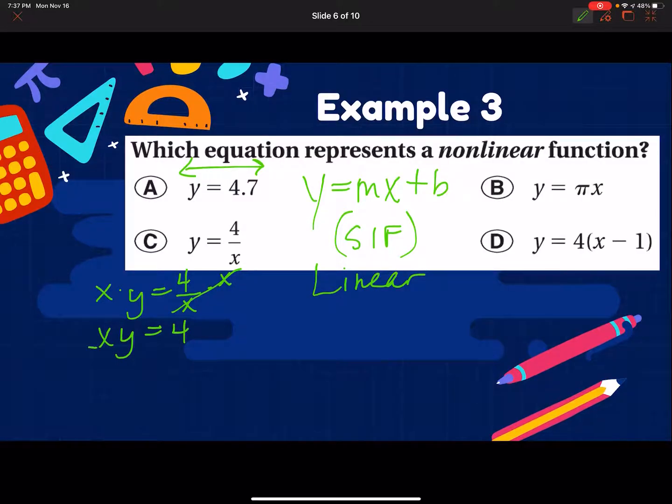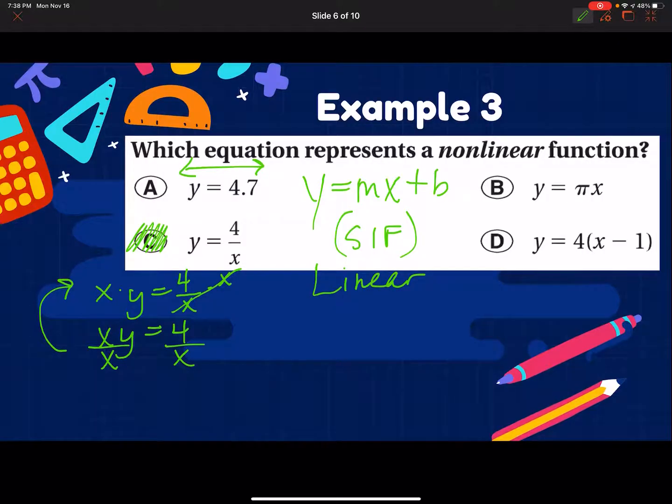I'm trying to get y by itself, and I'm just going to go back to the original form that I had earlier. So that's the only progress that I've made, going back to the original form. So C cannot be written in slope-intercept form. So we're going to mark that one.